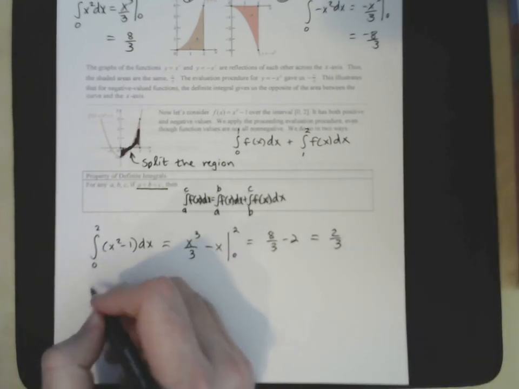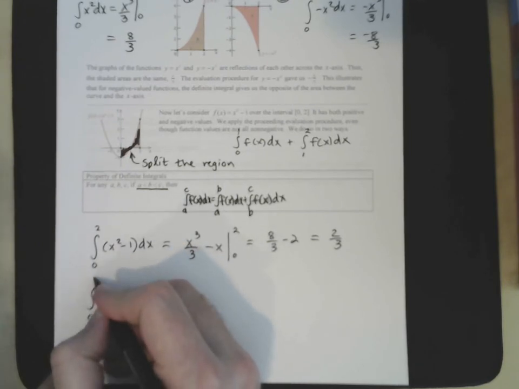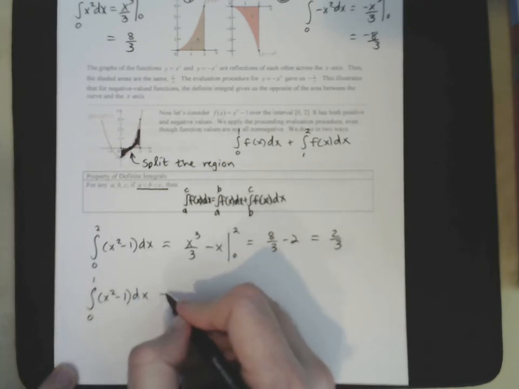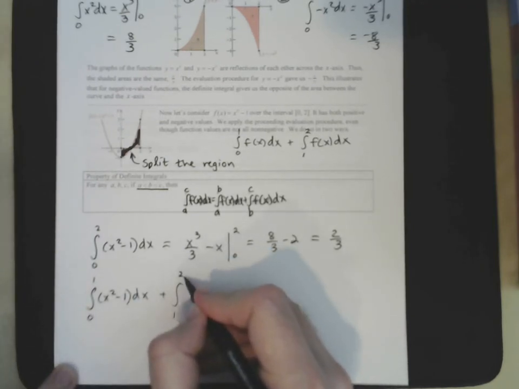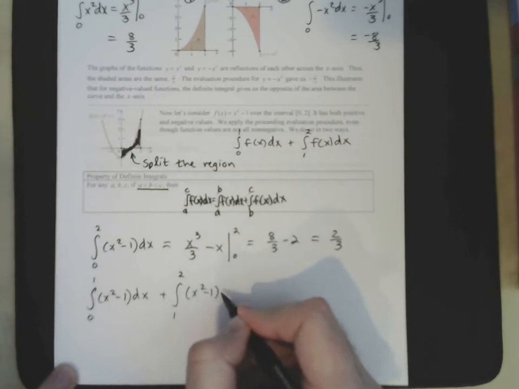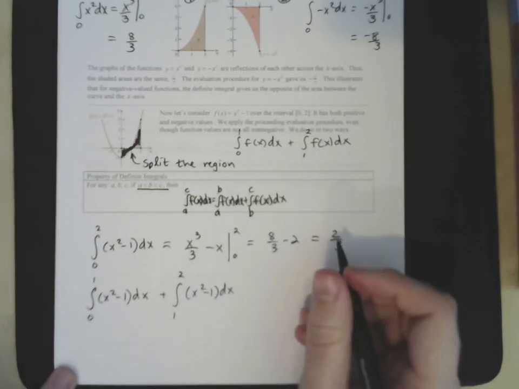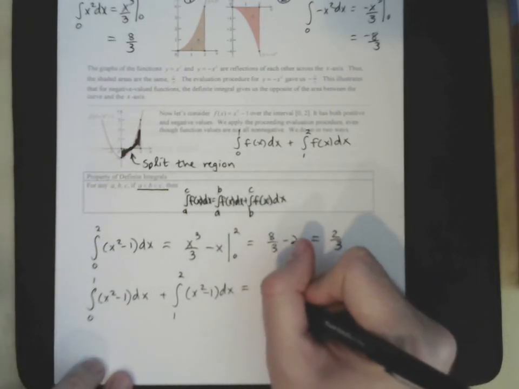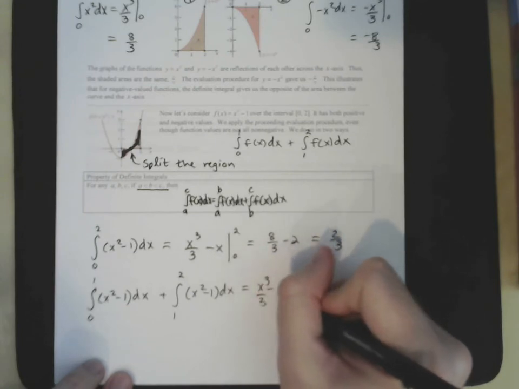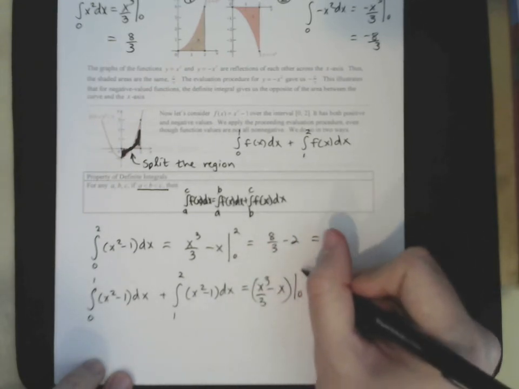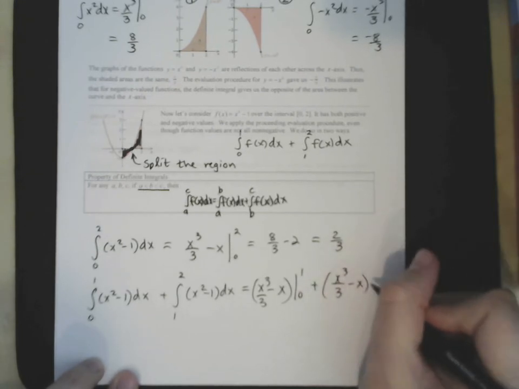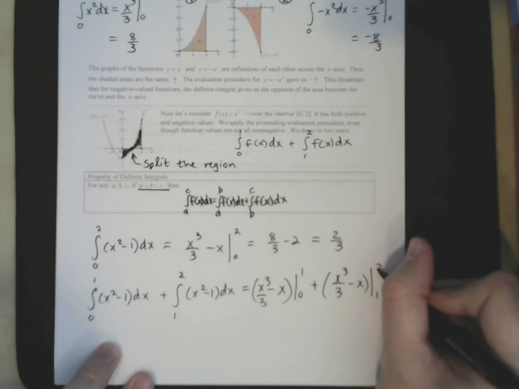And if we do it the other way and we split it like this, we have the integral from 0 to 1, x squared minus 1 dx, plus the integral from 1 to 2, x squared minus 1 dx. And this is going to equal x cubed over 3 minus x, evaluated from 0 to 1, plus x cubed over 3 minus x, evaluated from 1 to 2.